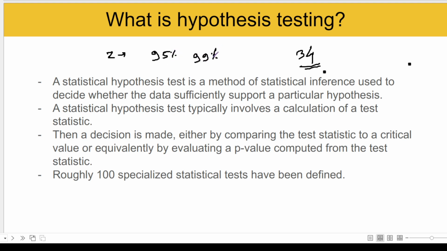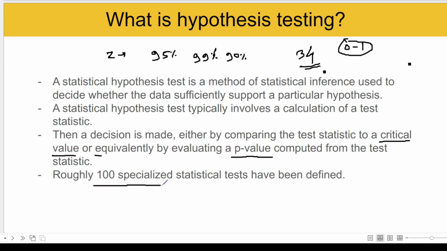Or we can use the p value, which is a conversion to the scale of 0 to 1. So this is our probability. Based on this probability, we decide whether to accept or reject the hypothesis.